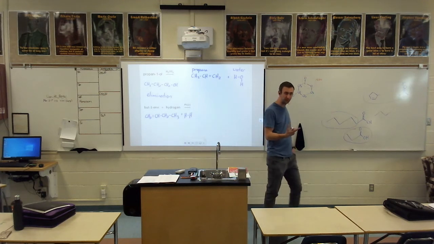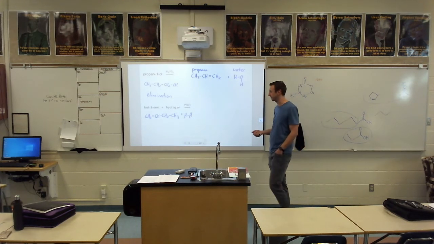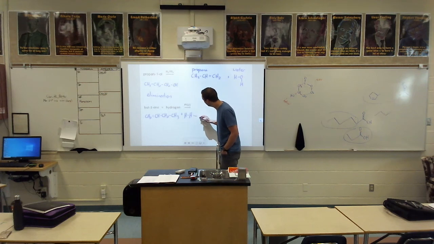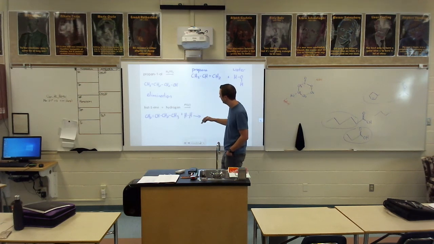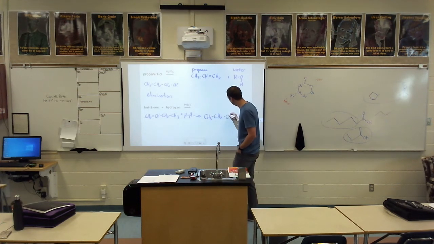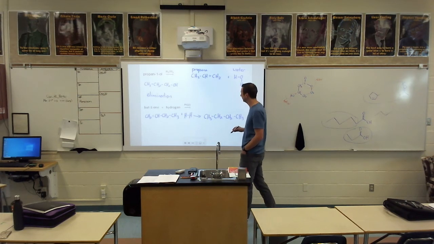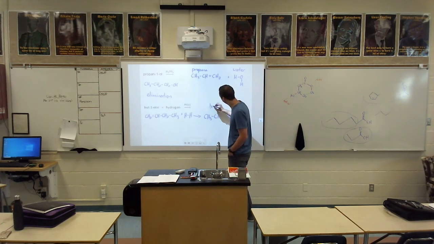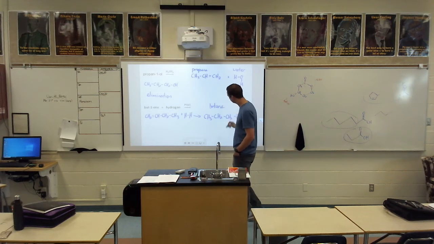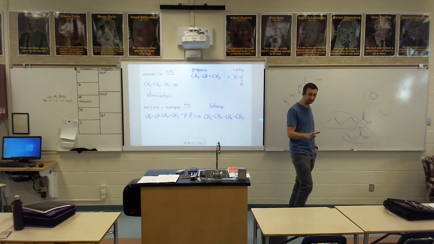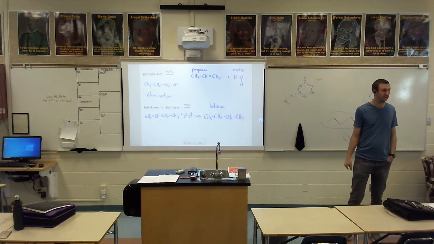So I'm breaking the double bond in order to add the hydrogens. I'm taking an unsaturated hydrocarbon and making it saturated, and I get CH3, CH2, CH2, CH3. It's the only product, so I'm getting butane. So again, that's an addition, and specifically, it's hydrogenation.